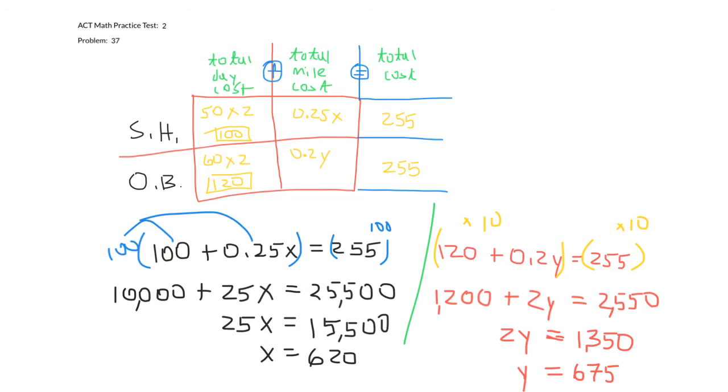So already B and C are contenders. But then the other part of the question is, how many miles more? Well, that's easy. 675 minus 620 is going to be 55 extra miles, 55 more miles, right? That is why answer choice B is correct. Answer choice B says Ocean Blue, comma, 55.